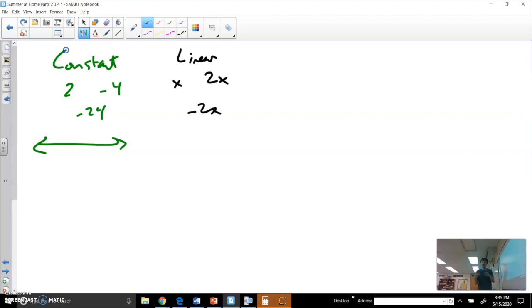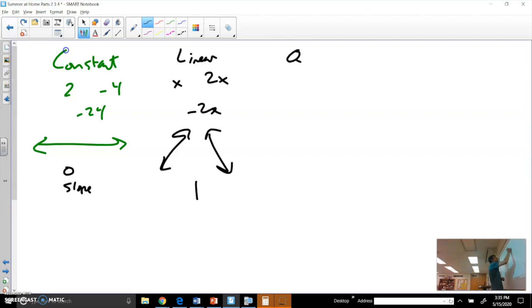Linear could be a positive sloped line or a negative sloped line, but in general it's only going one direction. Constants are kind of like a zero slope, as if you have 0 x's. There's no x's in the problem.